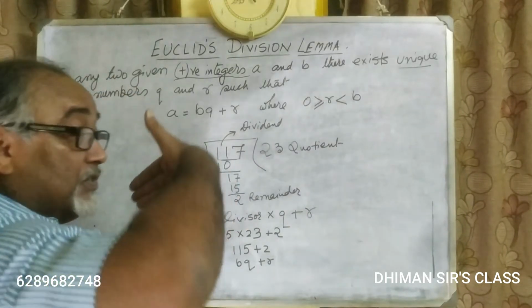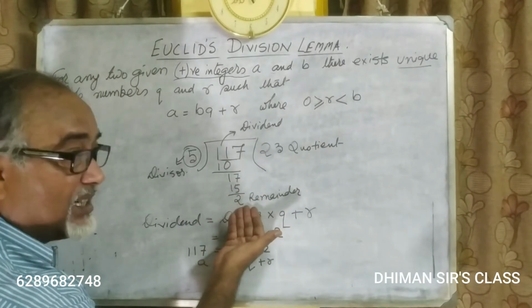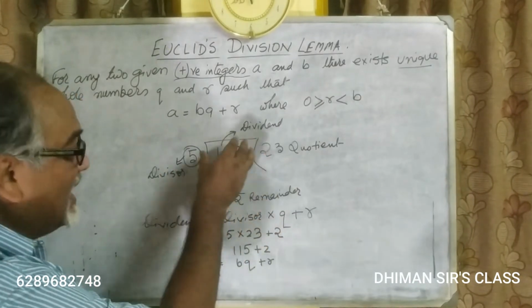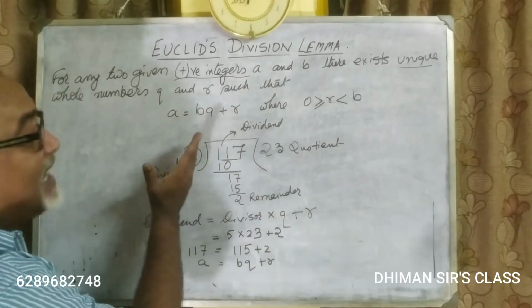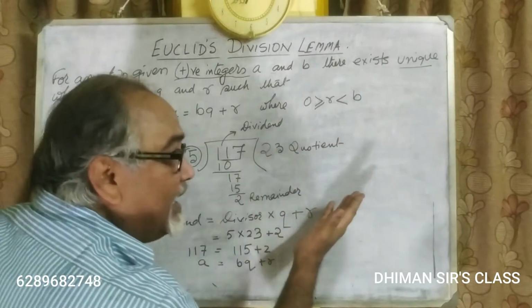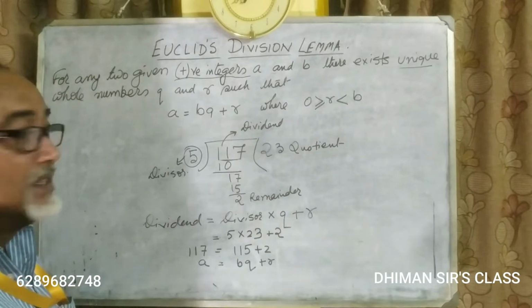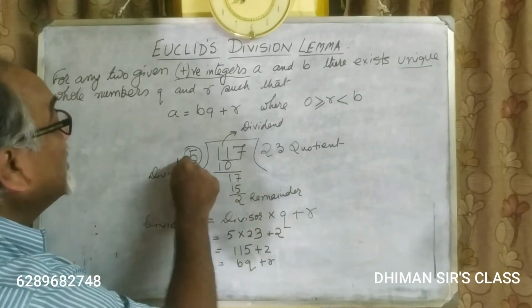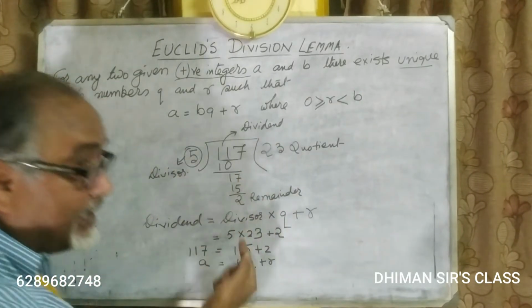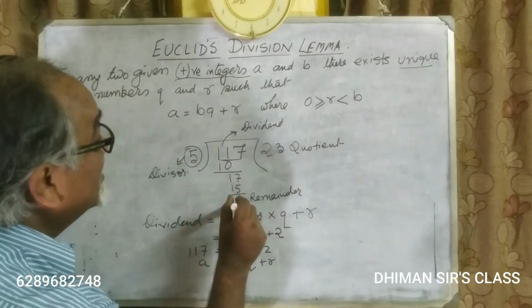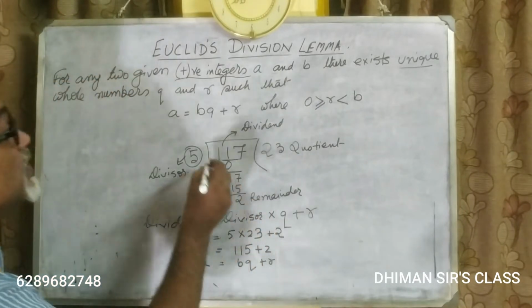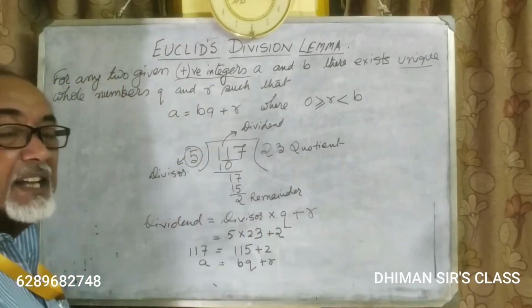No. The moment you see that this number, or any other number here which is coming as remainder at the end, is bigger than the divisor, you will definitely divide it. Suppose if this becomes 6, you will say 5 ones are 5 and remainder will become 1. Anyhow, remember, this remainder has to be less than the divisor.